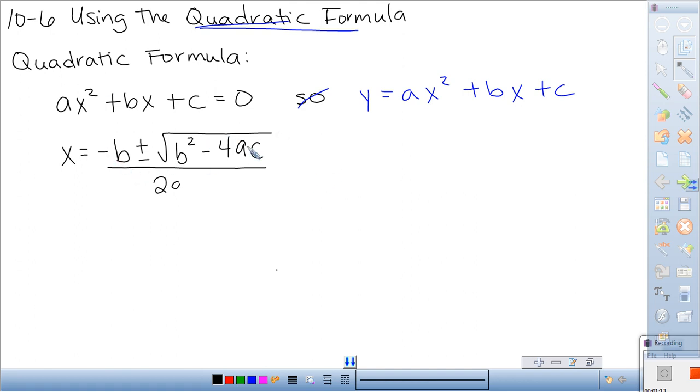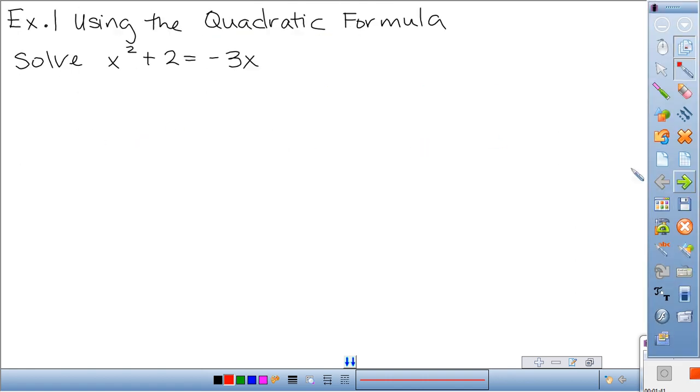All these letters, a, b, c, relate right back to your quadratic equation. Remember that a is always the coefficient of your x squared term, b is always the coefficient of your x term, and c is always the constant, the number by itself. So if you remember that, all you have to do is write this formula down, plug in your numbers, and solve. So let's practice it.